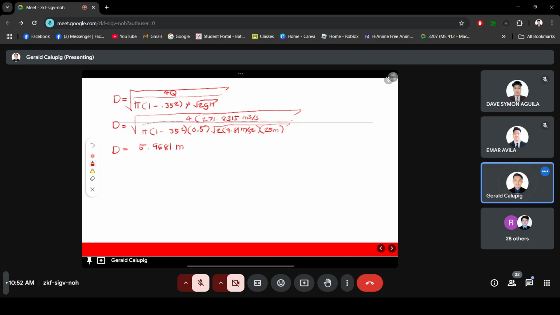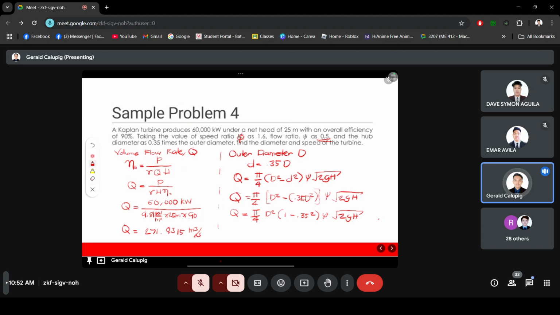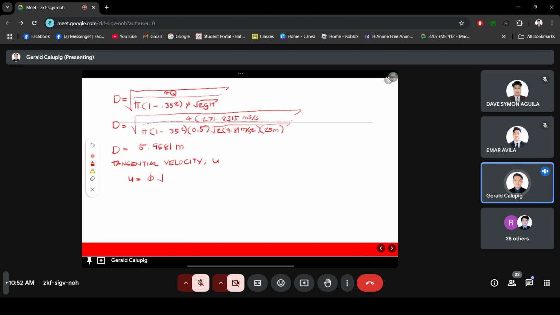So next, since we already have the value ng d, let's also have the value of our tangential velocity. Okay? Our tangential velocity is equal to u. U is equal to what? P, or the speed ratio times the square root of 2gh. Okay.